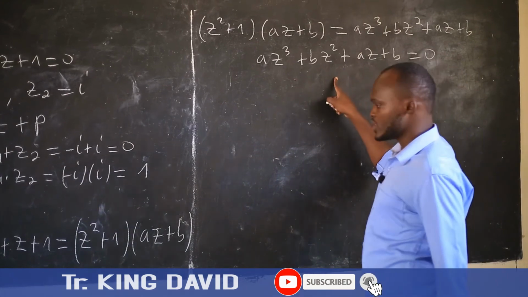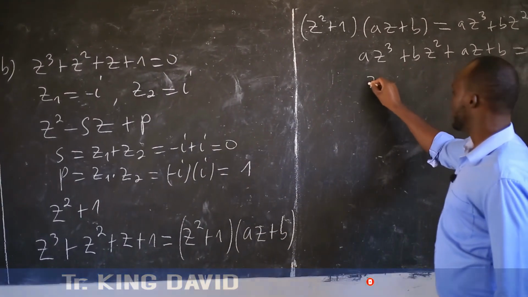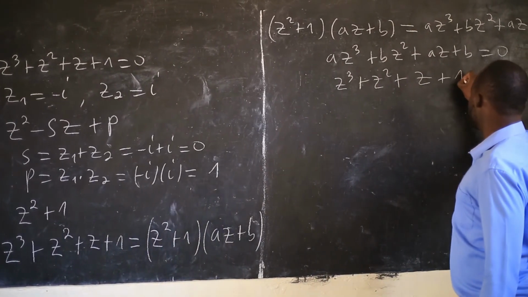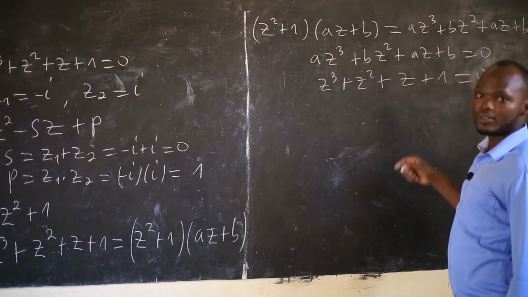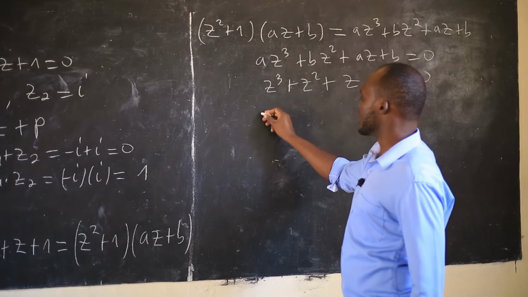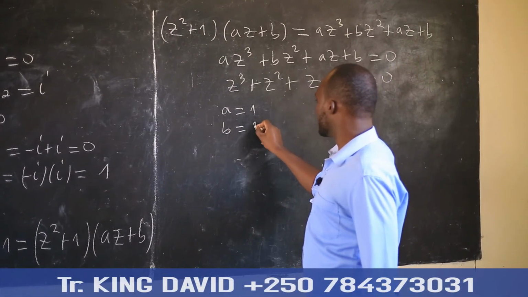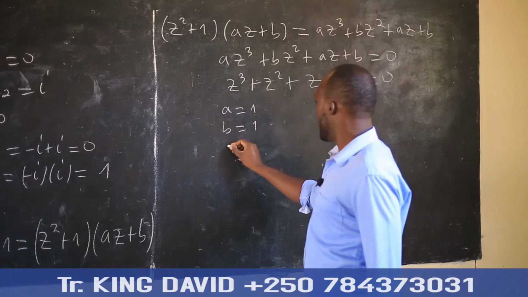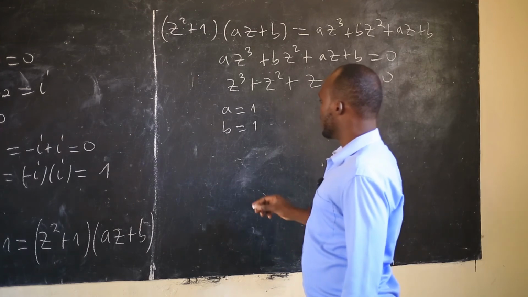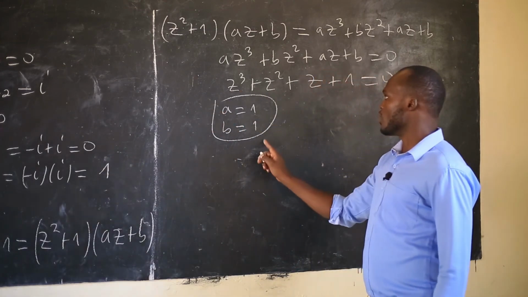We compare this with z^3 + z^2 + z + 1. If we compare, you see the coefficient of z^3 is 1, and there is a. Our a is 1, our b is 1, the coefficient of z^2 is b, which is 1. So a and b are equal to 1.